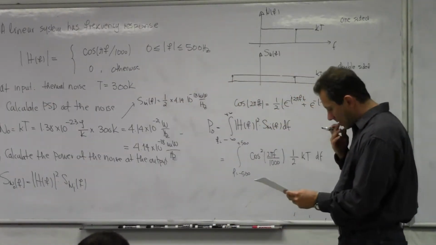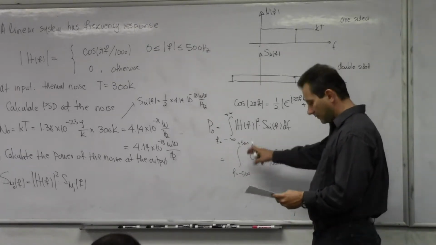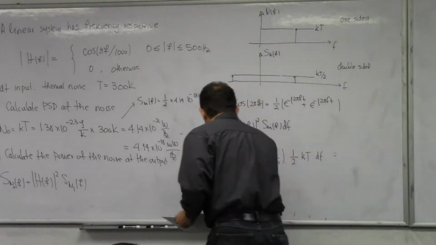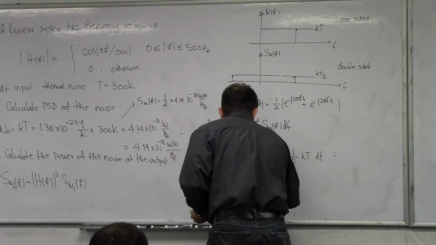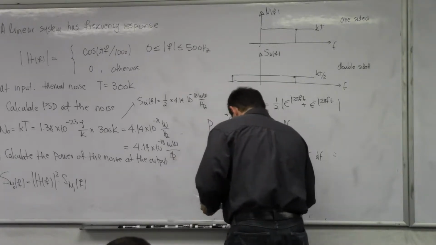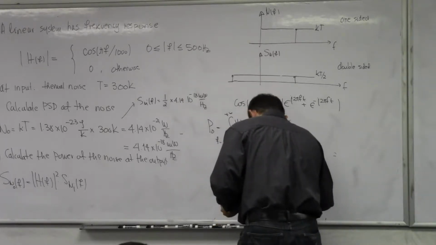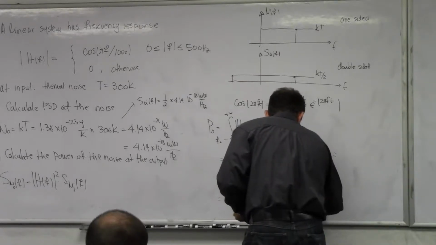Now, let's do this integral. Here, I'm going to multiply by 2, integrate from 0 to 500, and this 1/2 will cancel. So this becomes kT, integral from 0 to 500, of cosine squared pi f over 1000 df.